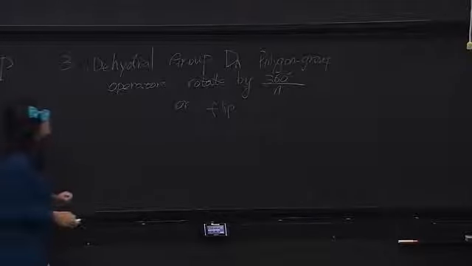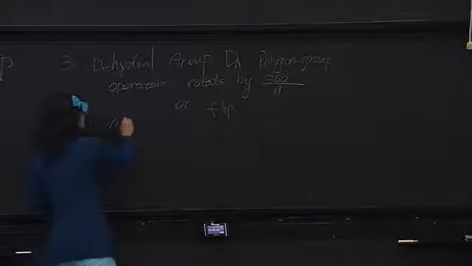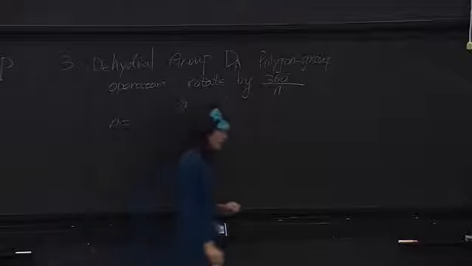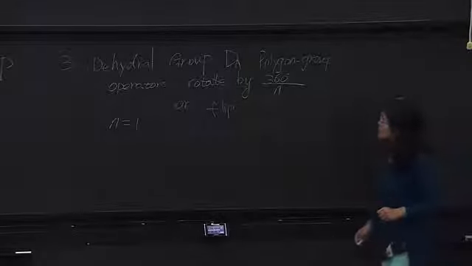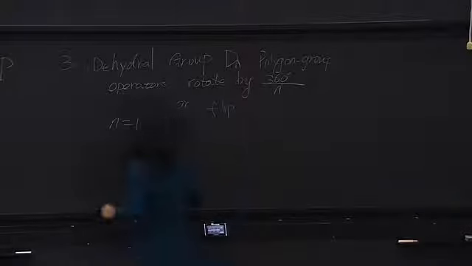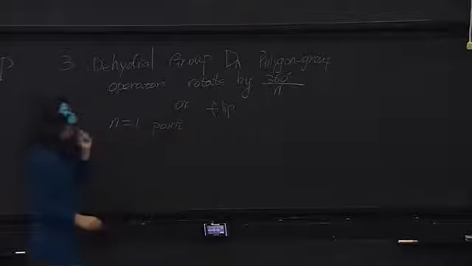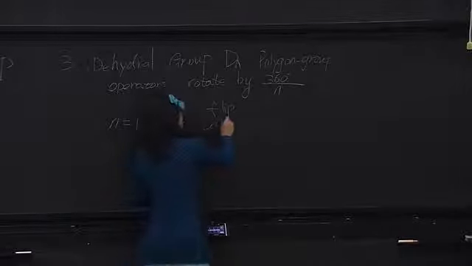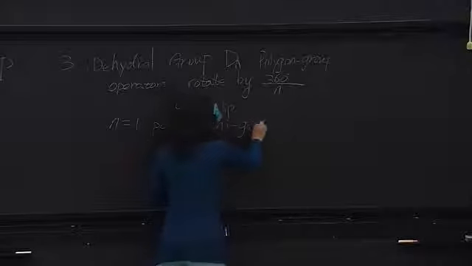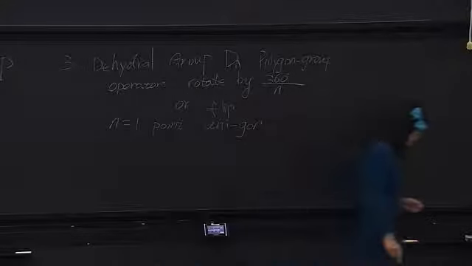But I like to be very systematic about things, so let's start with n equals 1. It's a point, really, but I want to be systematic, so I want to name this thing unigon because n equals 1.